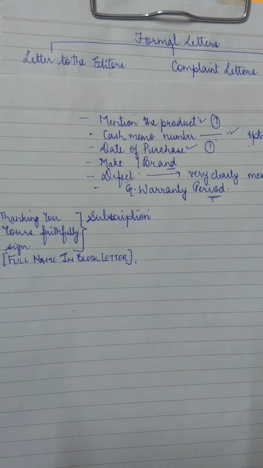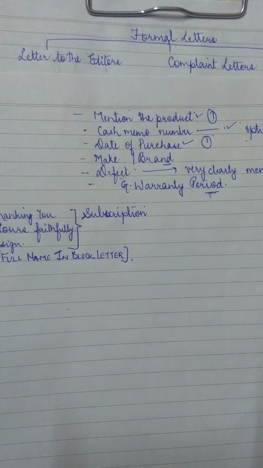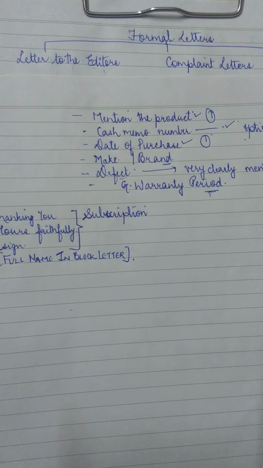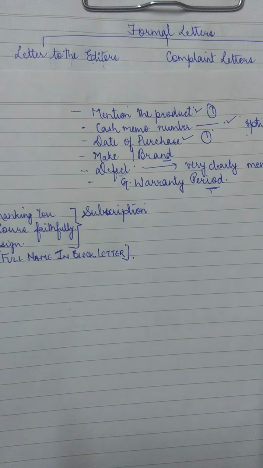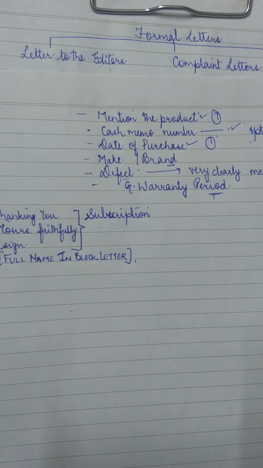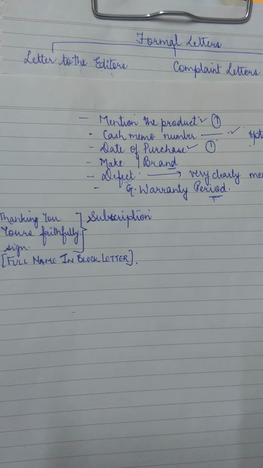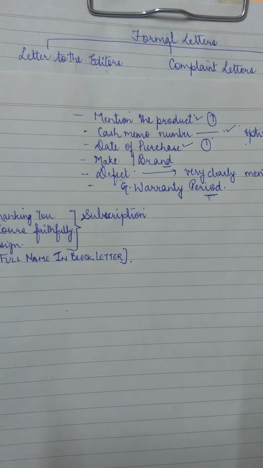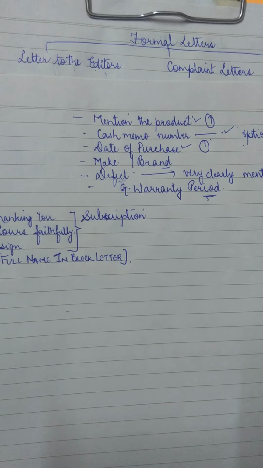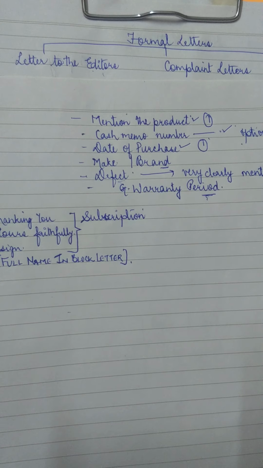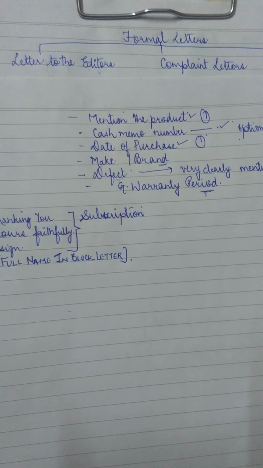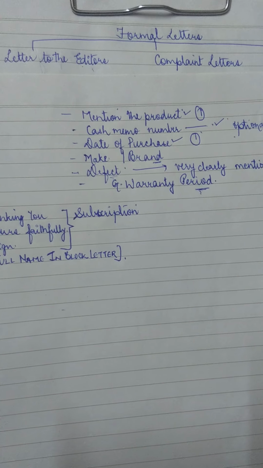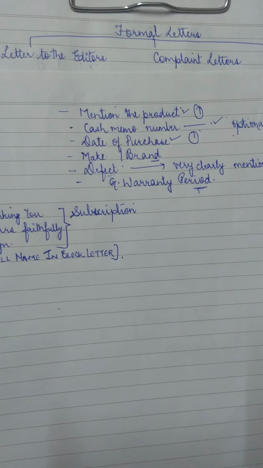And after that, in one last line, the last paragraph, one single line, you're going to end it. It is a very formal letter. You're not supposed to ask how are you, this and that and whatever. For sure, you can mention that since I've been a regular customer, I do not expect you people to send me goods which are not up to the mark.